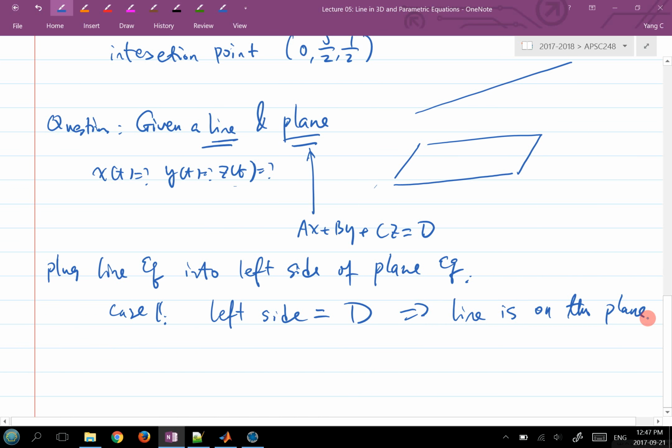That's very easy to verify. Second case: if I plug into the left side and get a constant, I'll call it E, but not the same as D. Then what does that tell you?